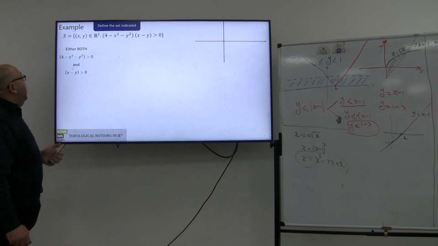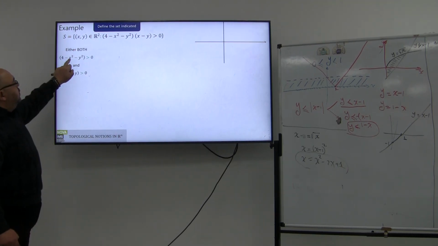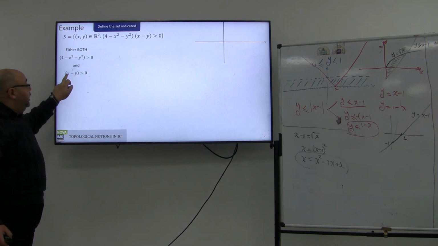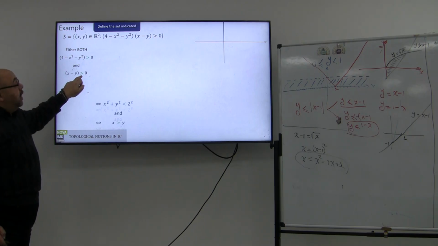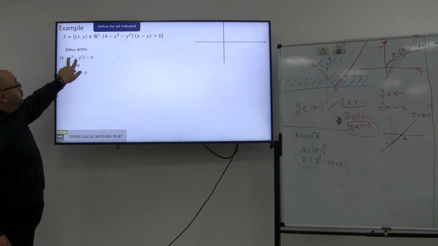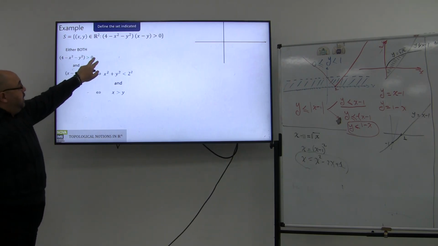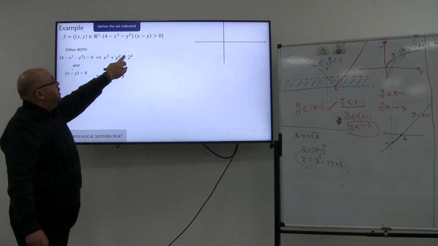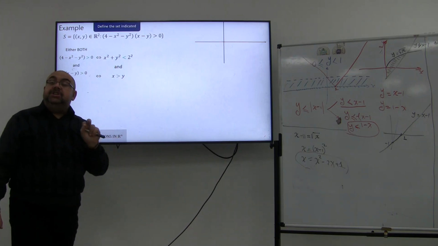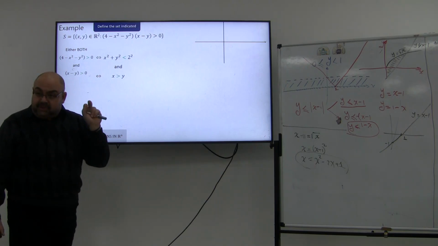So first I will have to solve 4 minus x squared minus y squared greater than 0. So now I will have outcomes coming from the first bracket positive. And at the same time, Judy, x minus y must be greater than 0. So I will try to solve both of them. In this inequality, I can move negative x squared minus y squared to the other side, and in this case I will have x squared plus y squared less than 4, which means a circle with radius 2 centered at the origin (0, 0).